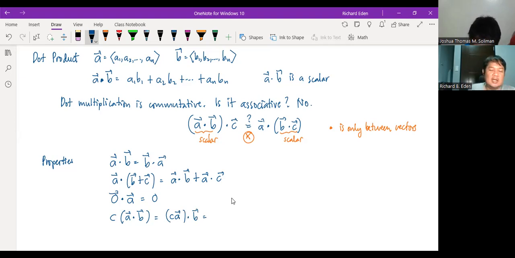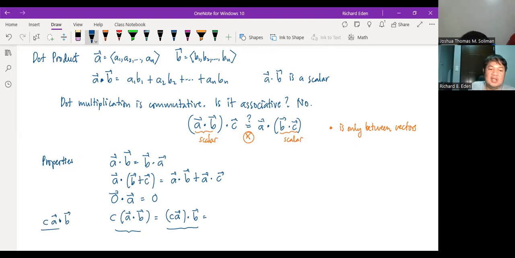But actually there's not going to be any confusion if you write down C A dot B, because the different interpretations are going to be the same anyway.